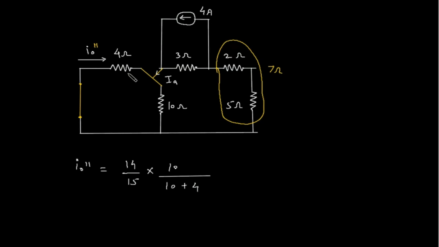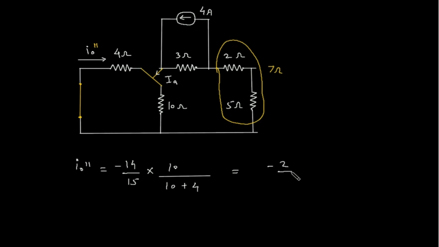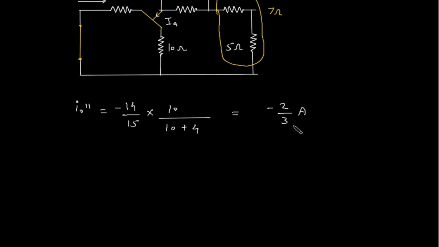Also, the direction of IA and IO double prime is opposite, so this will be minus. Now this will be minus 14 by 15 into 10 by 10 plus 4. So this will be minus 2 by 3 ampere. This is the value of IO double prime.